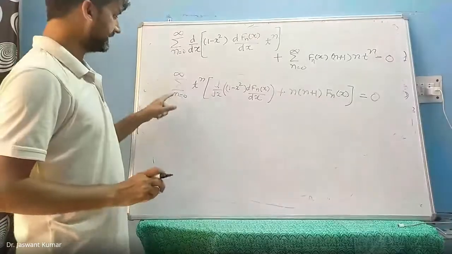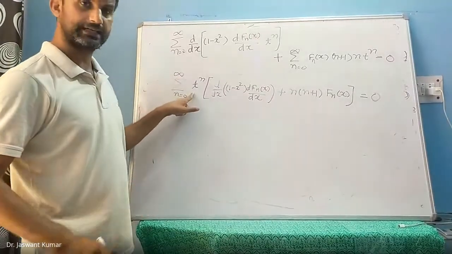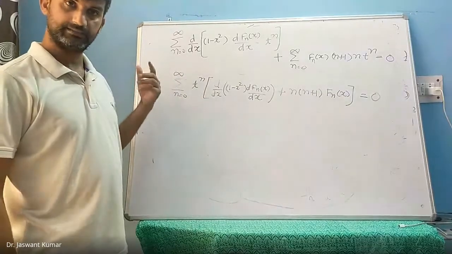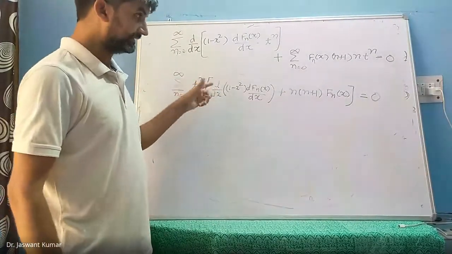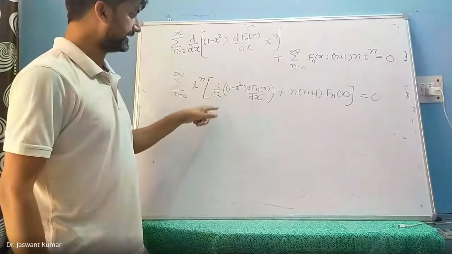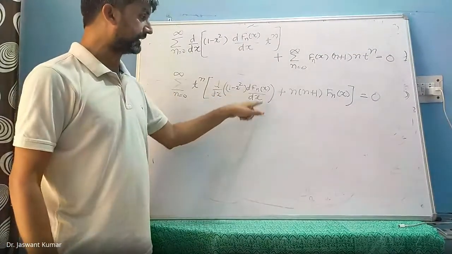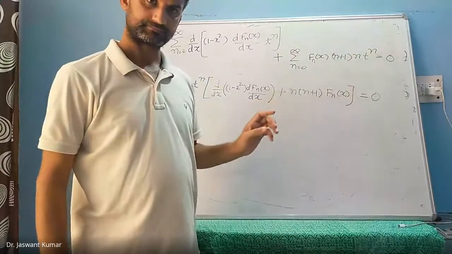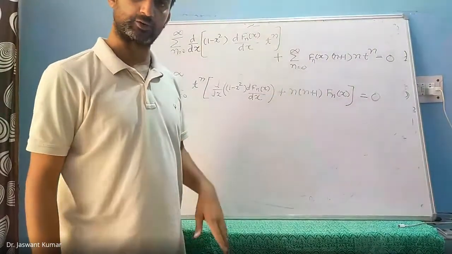Okay, I repeat. What we obtained is summation, t to the power n comes common. This is an overall constant factor which has come common. Then the thing inside the bracket is d by dx of (1 minus x square) d f n by dx plus n into n plus 1 f n x, and this whole thing is equal to 0 on the right hand side.